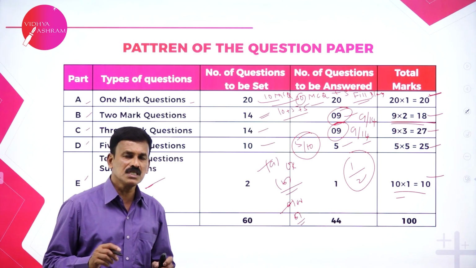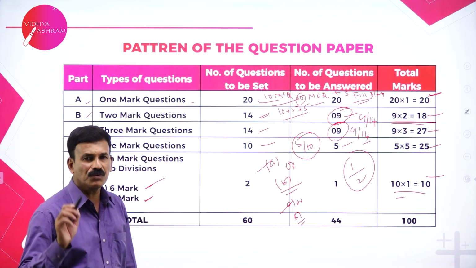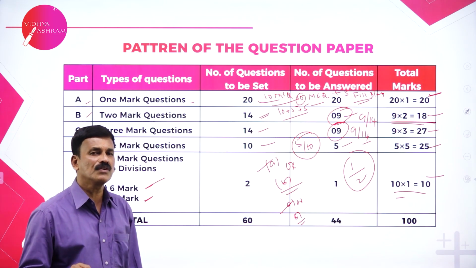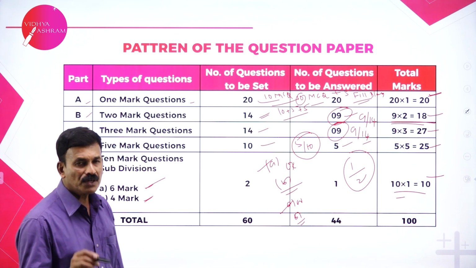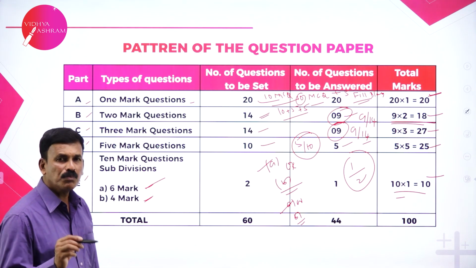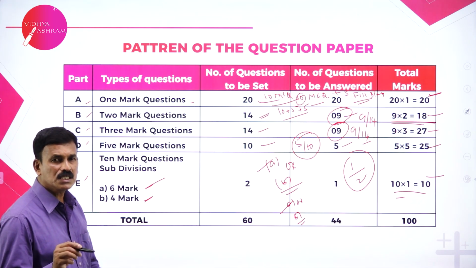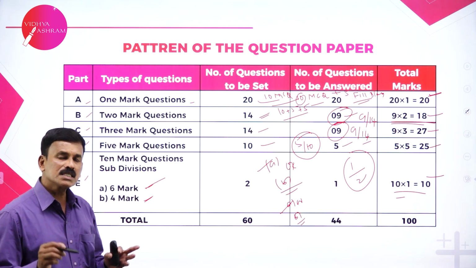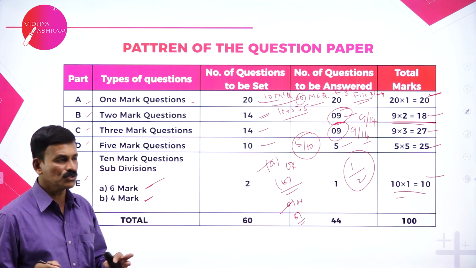So in first PUC mathematics, you will have 10 MCQ questions, 5 fill in the blanks, and 5 very short answer questions. 10 plus 5 plus 5, that is 20 marks in part A. Whereas in part B, part C, part D, you will have choices. In part B, 2 marks questions, answer any 9 out of 14, 9 into 2 is 18 marks. Again in part C, answer any 9 out of 14, each carries 3 marks, 9 threes are 27.